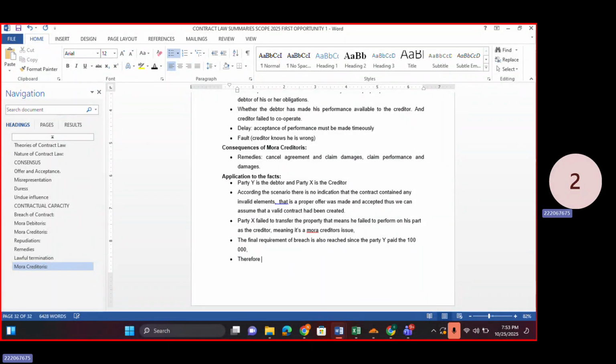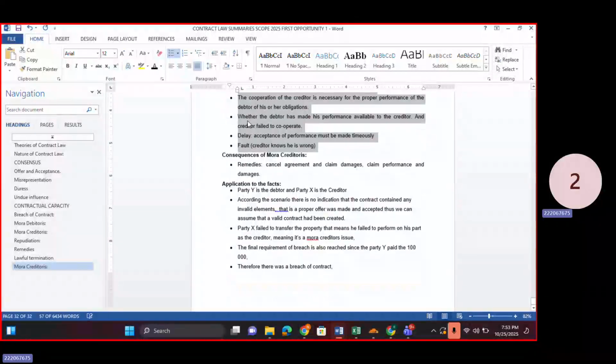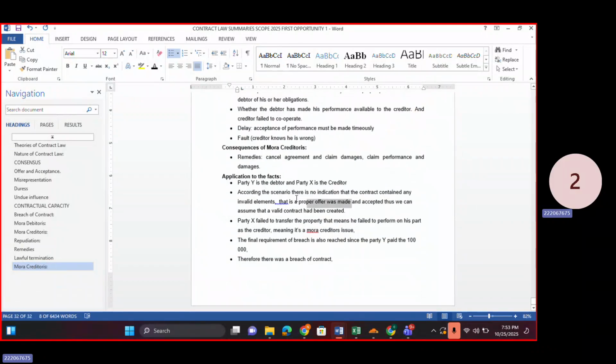Therefore there was a breach of contract. And when you are doing this, you can also go through some of the creditor's requirements and say the obligation to make performance was a valid contract that existed. It's also covered.